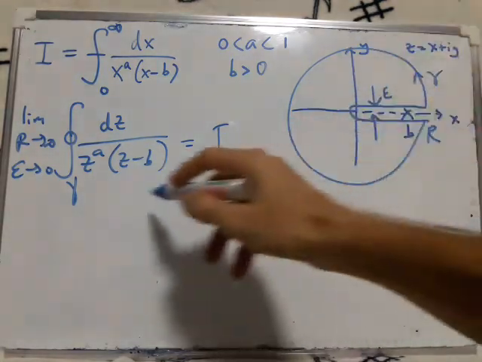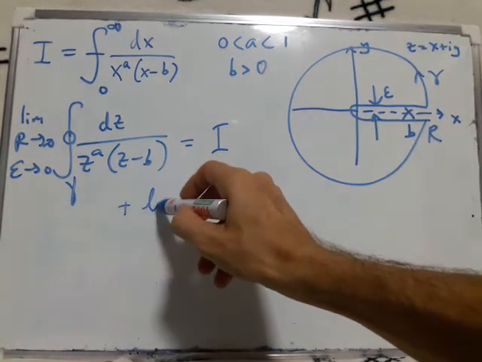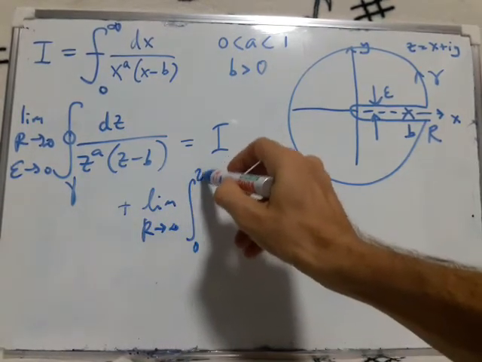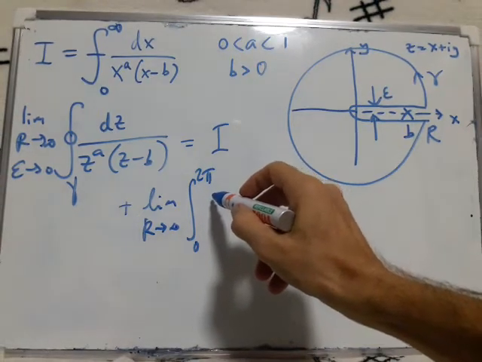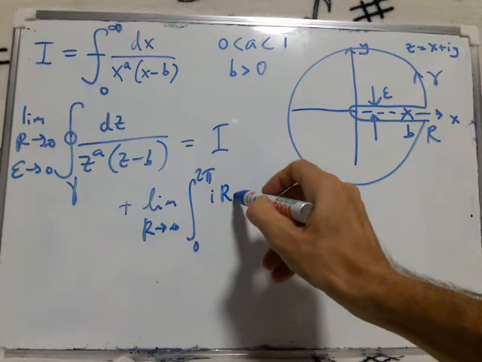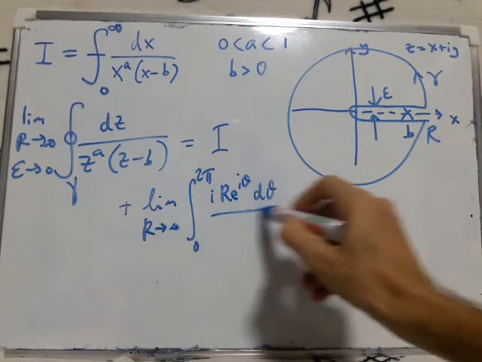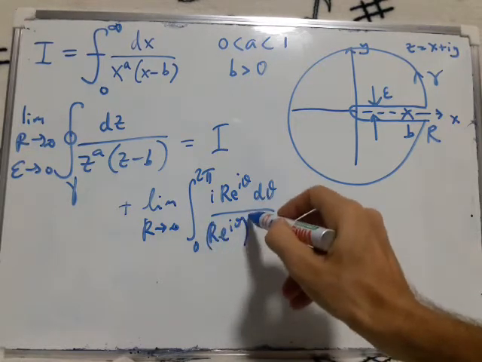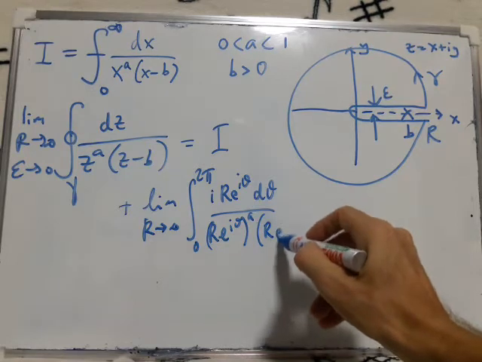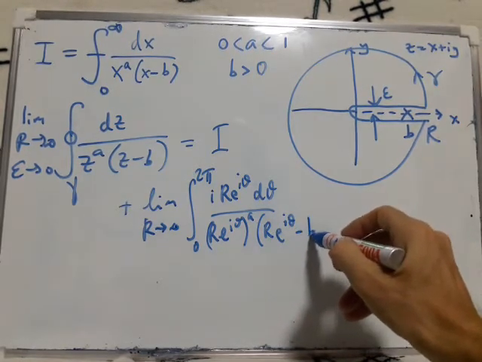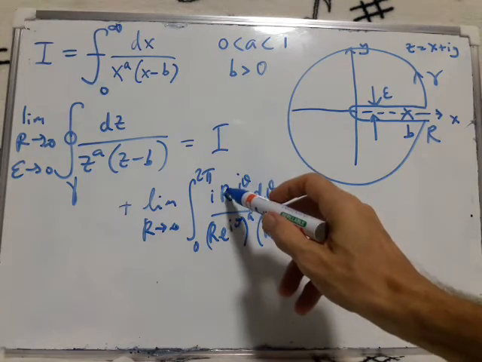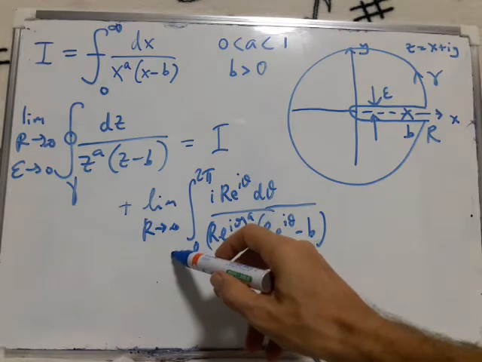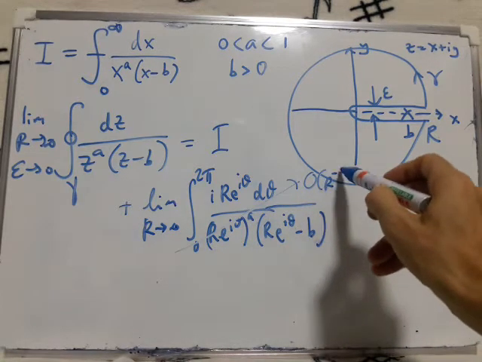As usual, we just check the other things give you 0. So we've got, okay, this r cancels this r, and we've got r to the minus a.